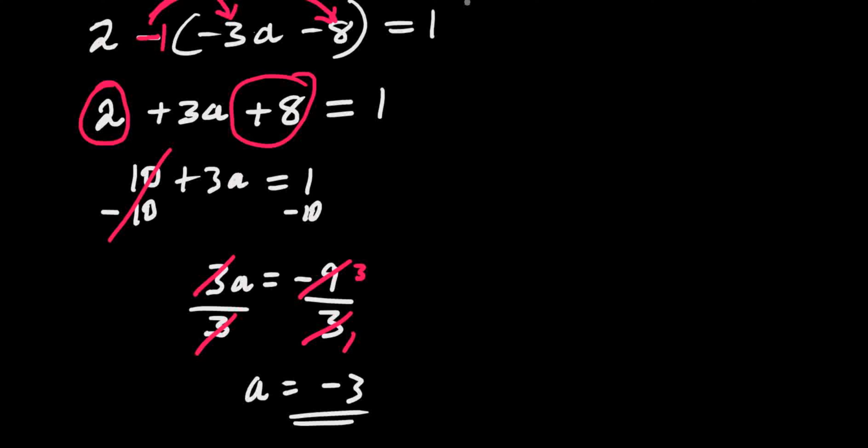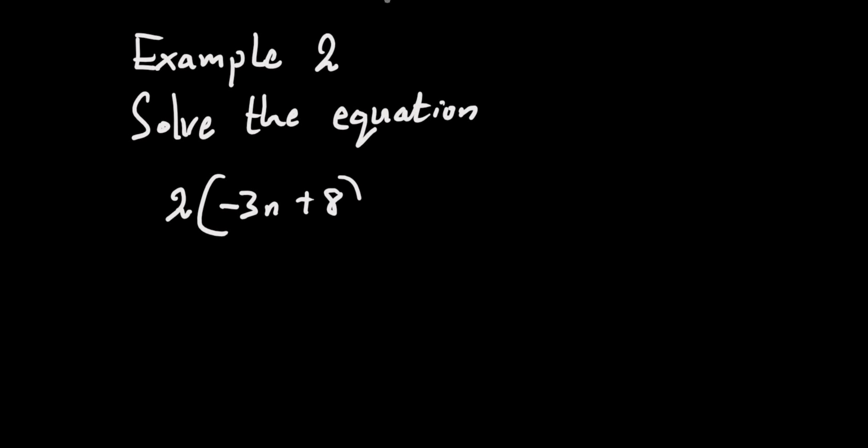Example 2. Solve the equation. If we have 2 open parentheses, negative 3n plus 8 close parentheses equals negative 20.